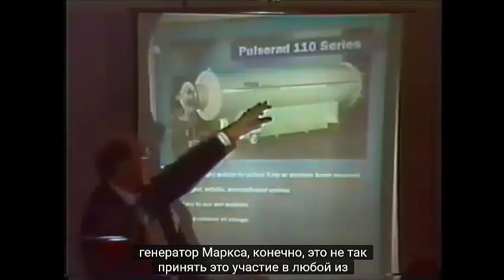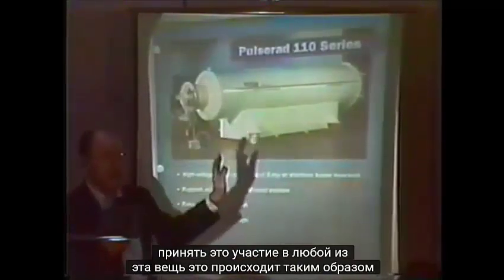The Marx generator, of course, doesn't take up hardly any of the inside of this thing. It comes that way because if you want to add additional stages to it, you can go up into the megajoules.